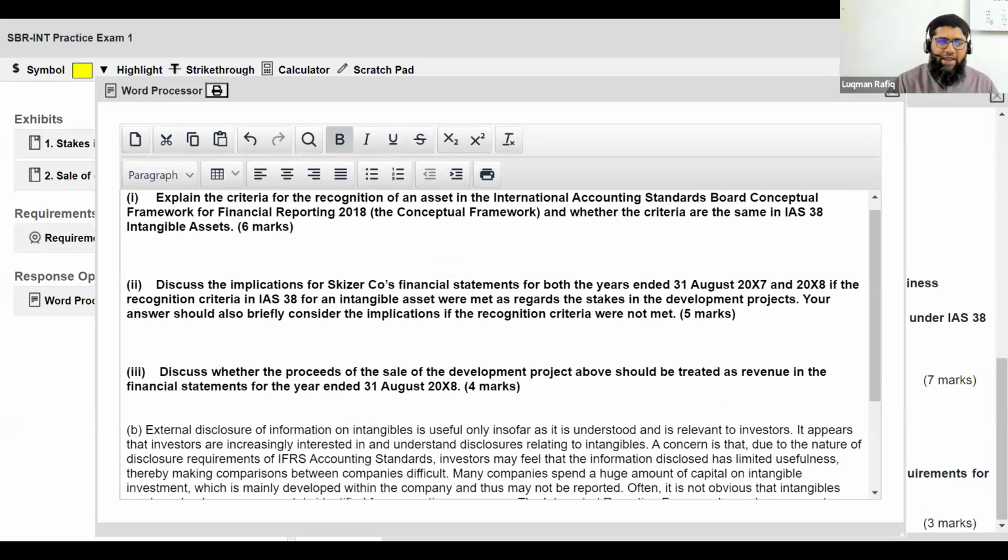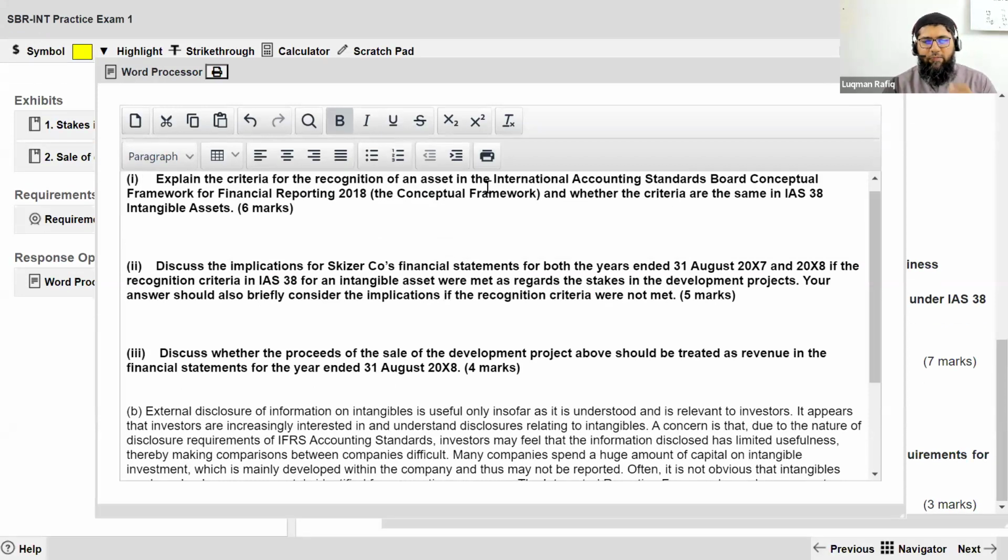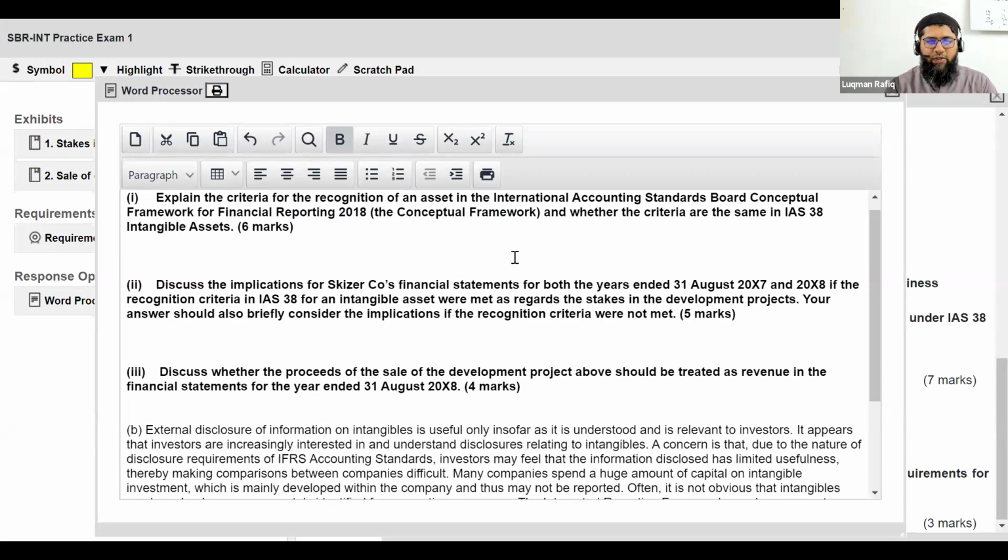Explain the criteria for the recognition of an asset under what? Under the conceptual framework. And also what does it say? It says whether the criteria are the same in IAS 38 Intangible Assets. So what pointers can you write on this?